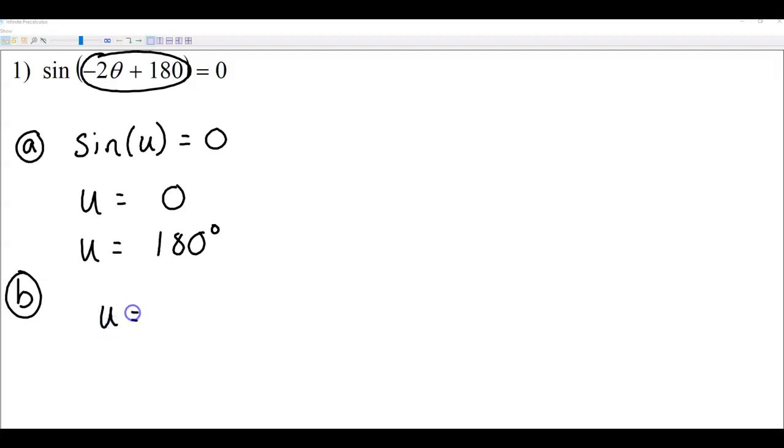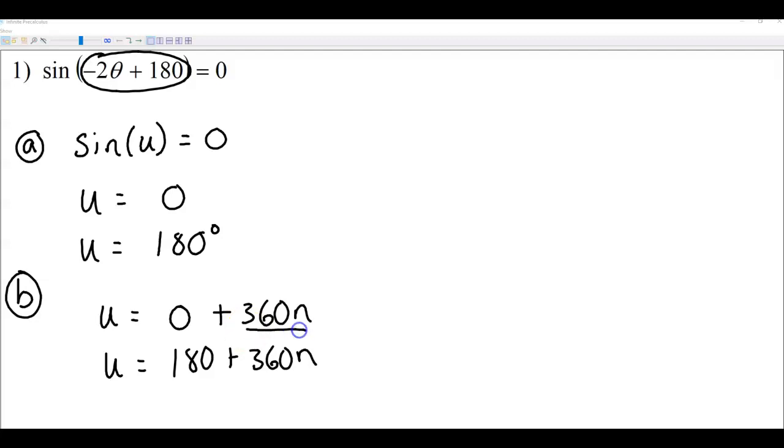We want to go ahead and write them as a general solution. So 0 plus, now for sine, it's 360 times n. Now remember, for sine, cosine, secant, and cosecant, those have periods of 360, so that's what we'll use here. Now if we're doing tangent or cotangent, we'll add 180 to it. All right? But that's the end of step 2.